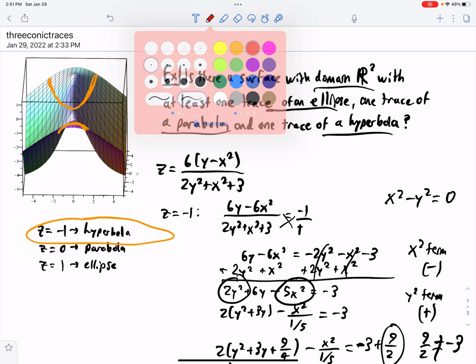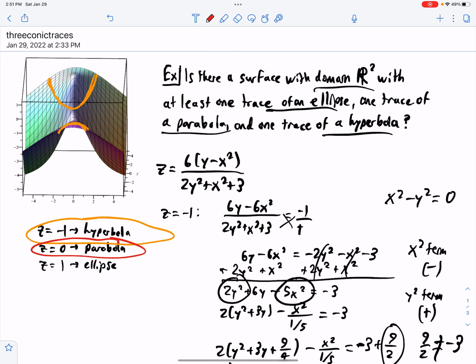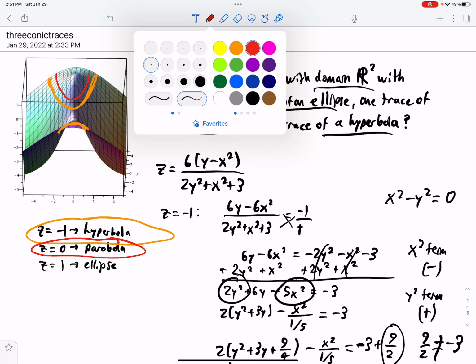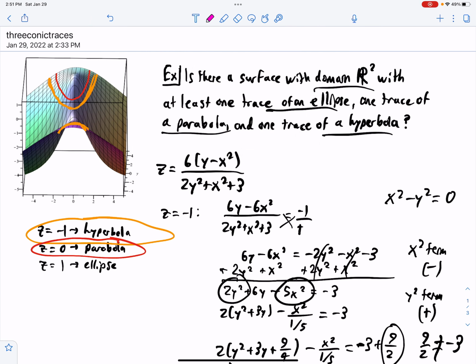I'm going to use red for the z equals 0 case for the parabola. That's going to be roughly about there. You can see the parabola. And to distinguish from the blues and the greens, I'm going to go pink on the ellipse. And z equals 1 is going to be roughly about there.